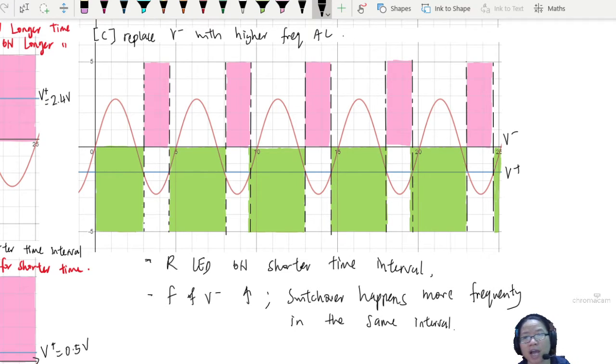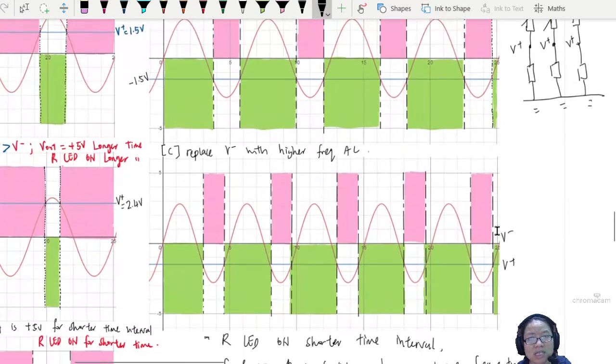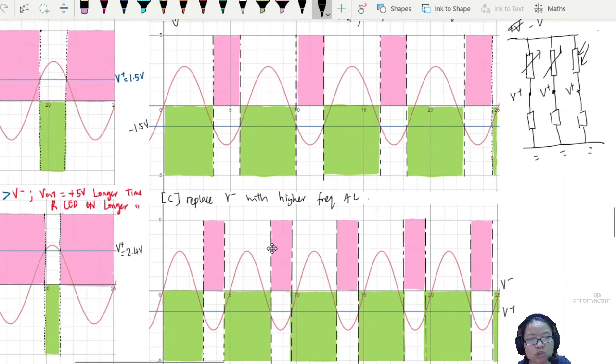So all this graph, I crop roughly 25 seconds. Okay, so you can see that in this 25 seconds, I switch over 1, 2, 3, 4, 5 times, whereas this one I only switch over 4 times.